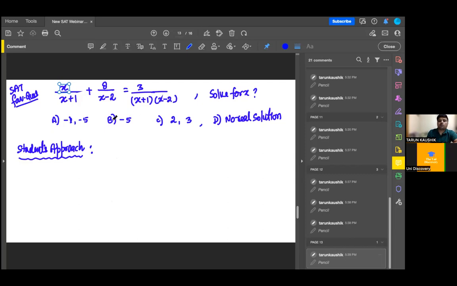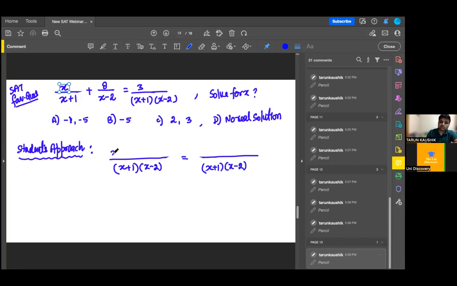So if I want to compare anything, first of all, I have to make the denominator common, to compare the left hand side as well as the right hand side. The common denominator is x plus 1 times x minus 2.